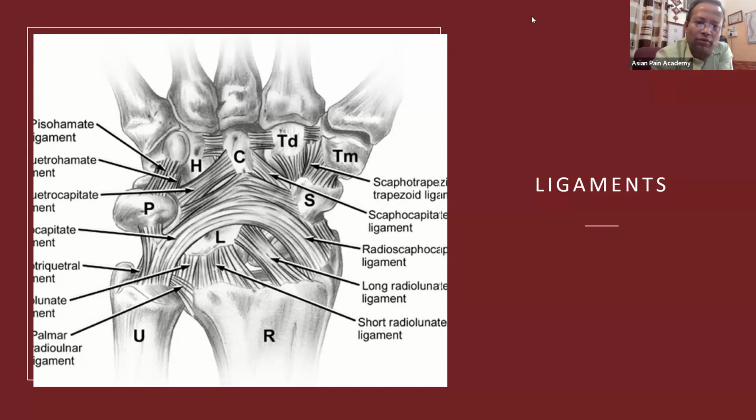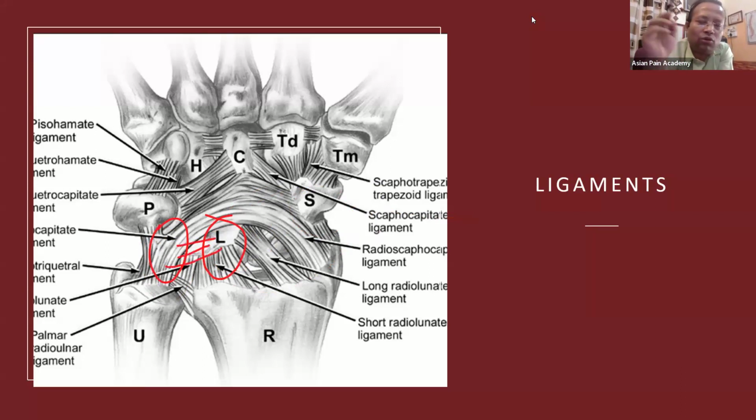This is again the radial side. Between scaphoid and lunate there is one ligament, the scapholunate ligament. This scapholunate ligament is important and prone to injury. Another ligament we will be able to see is the lunotriquetral ligament.